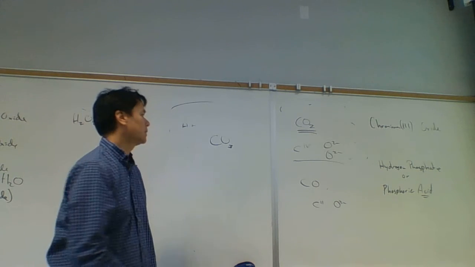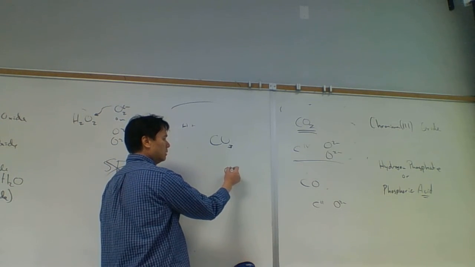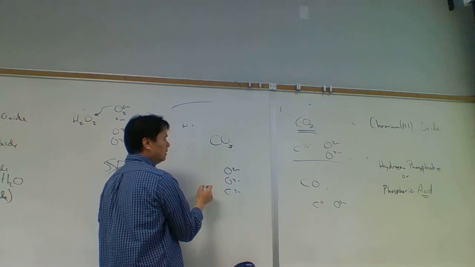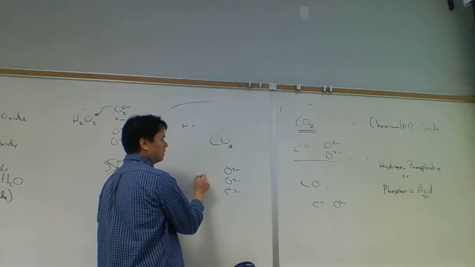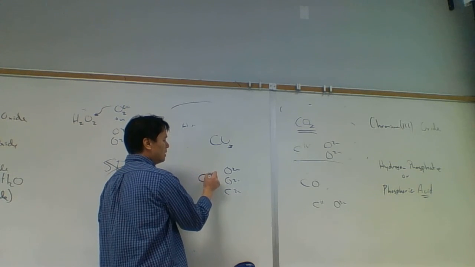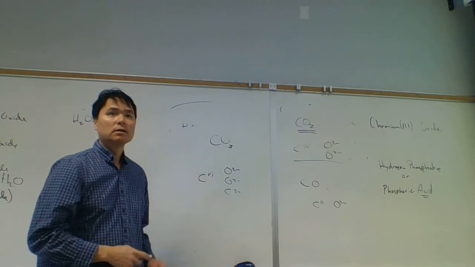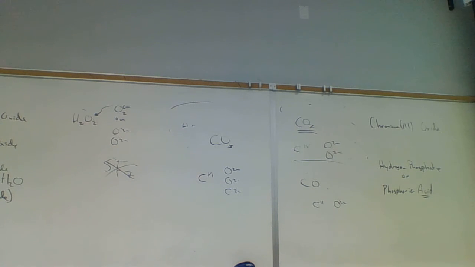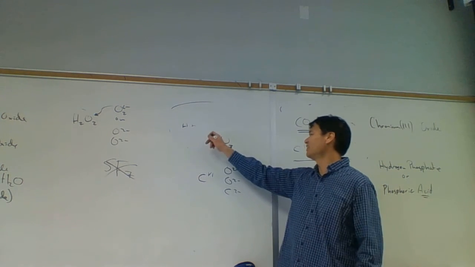Because that means that carbon has to be 6. Can carbon lose 6? If we look at carbon, it loses 1, 2, 3, 4. It's like helium. And then we stop there. And so carbon trioxide, this doesn't happen.